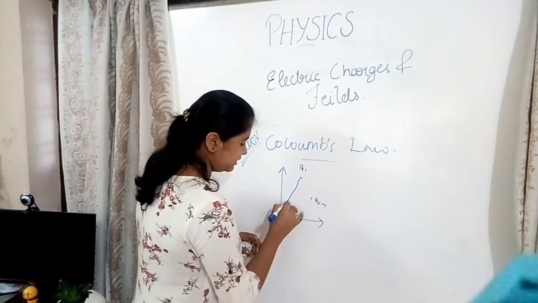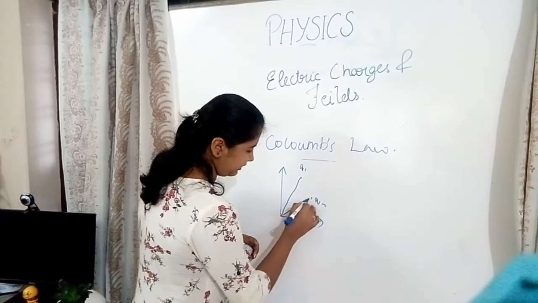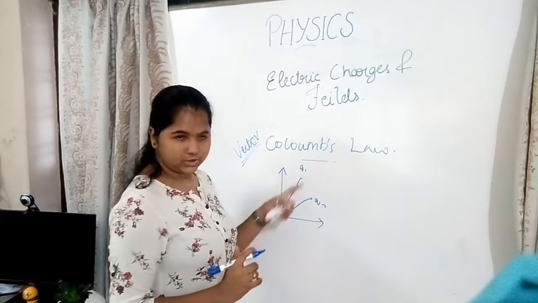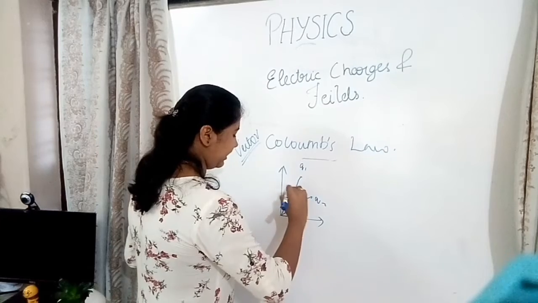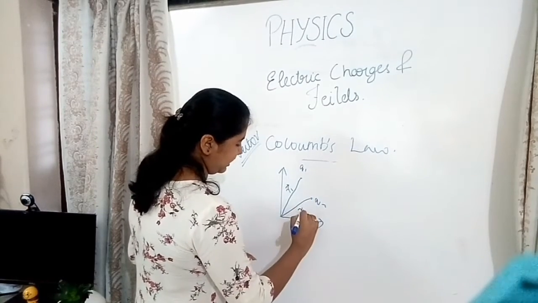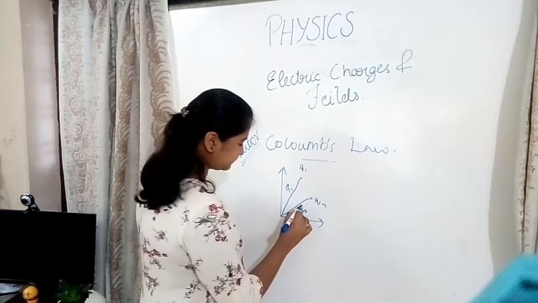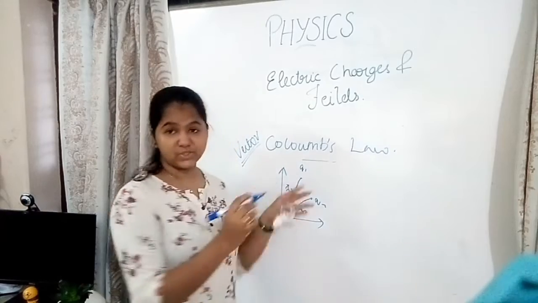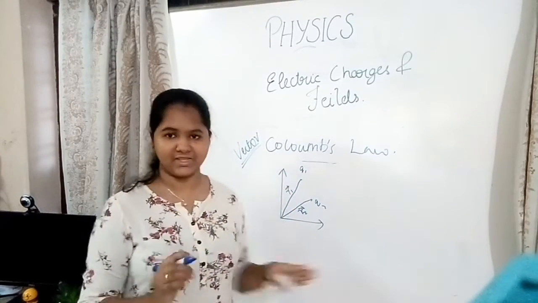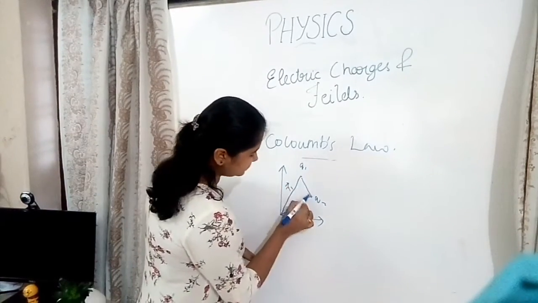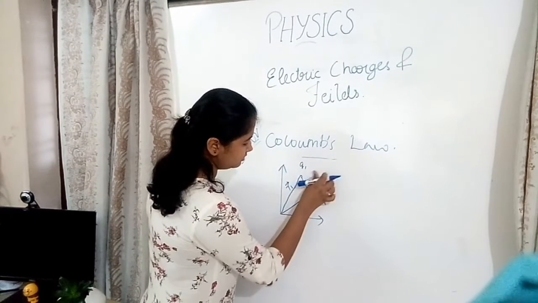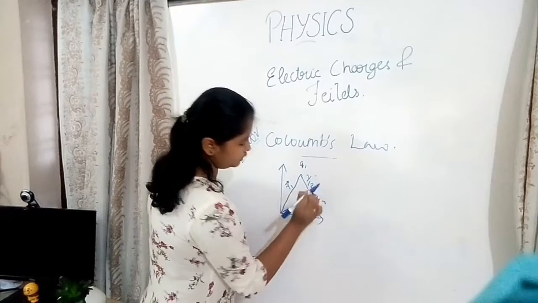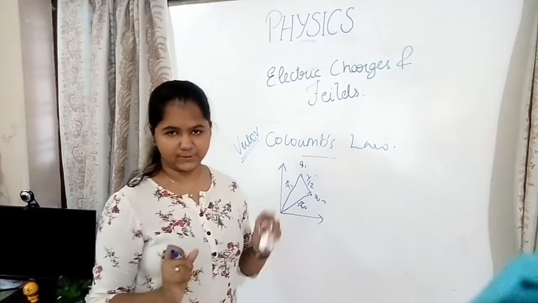They are at distances from the origin, which we will take as R1 and R2. And there's a distance between the two charges, which is R12.